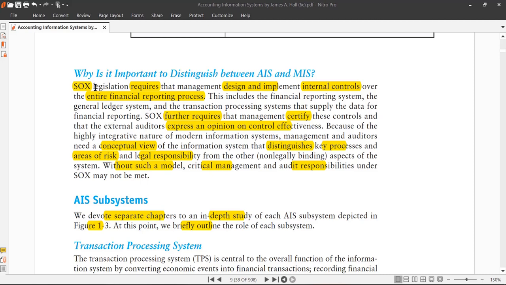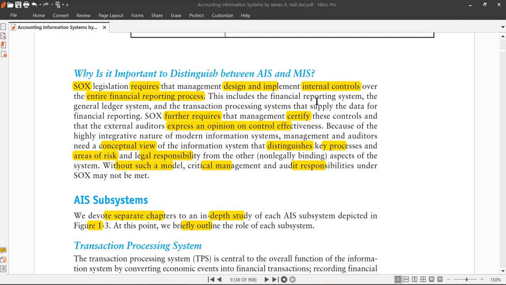Okay? So yun daw, yung SOX nare-require ang management na mag-design at mag-implement ng internal control sa buong entire financial reporting process. So, ibig sabihin, pag sinabi natin entire financial reporting process, that is from the, guys, mula yan sa bookkeeping. From bookkeeping to financial reporting. So, from the recording. Mula sa recording ng mga information from journalizing hanggang sa reporting of the FS.